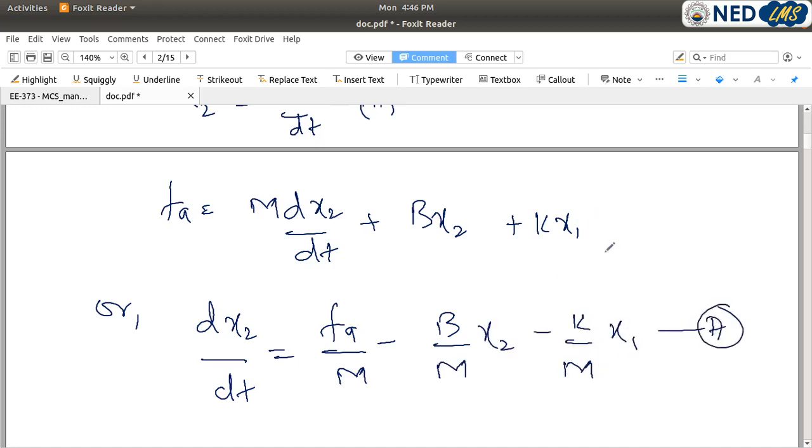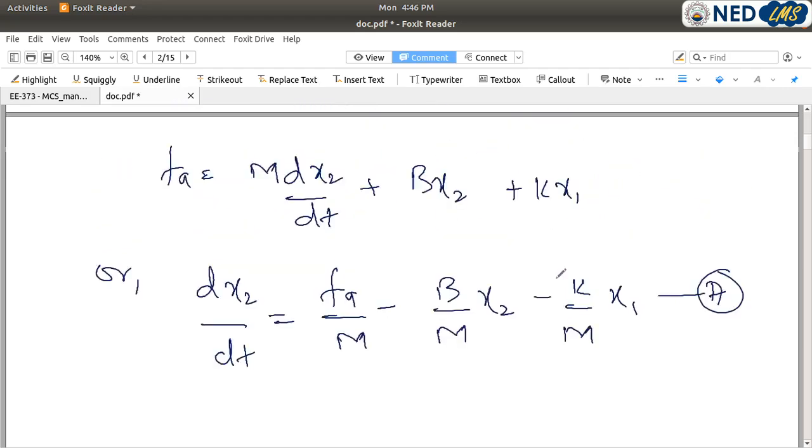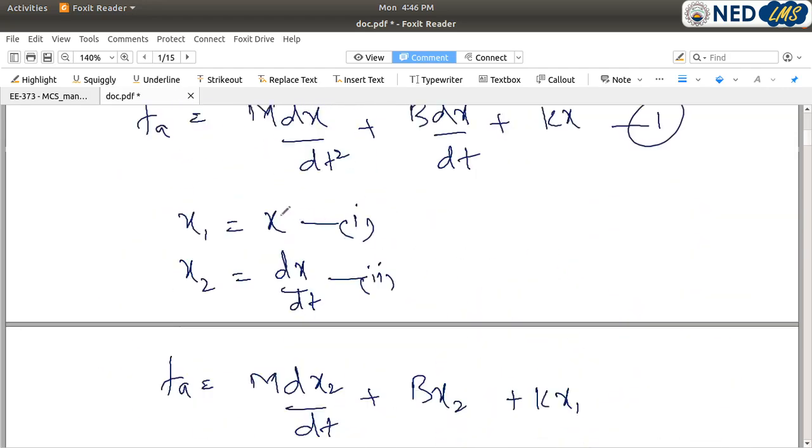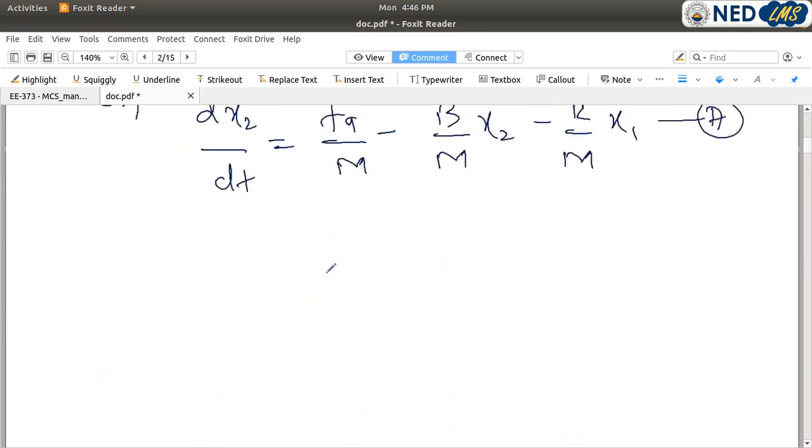This will be the first state equation, and the second state equation will come if we substitute equation 1 in this equation. So dx1 by dt is equal to x2.